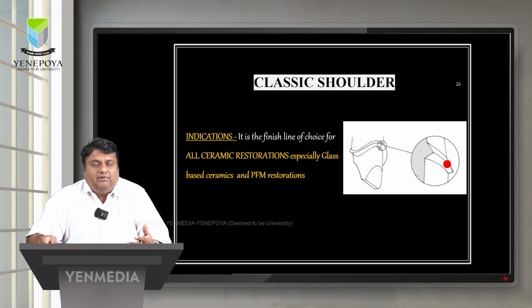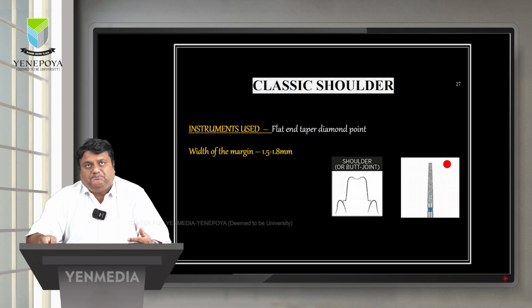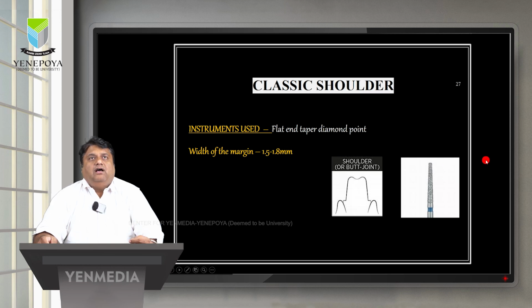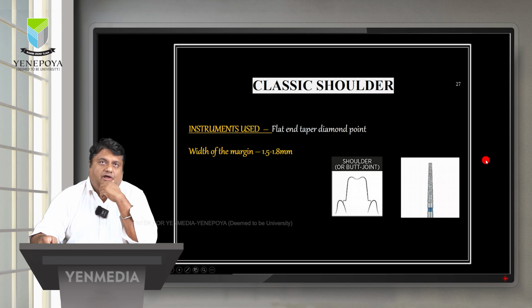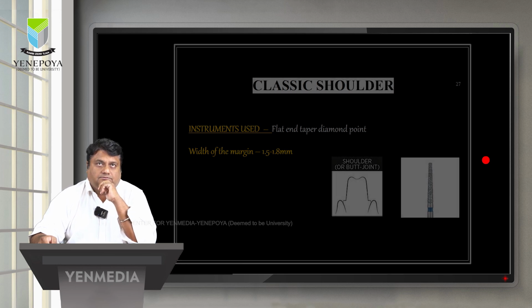Otherwise, it would be a little opaque and would not suit the aesthetic needs of the patient. What is the instrument used? We use a flat end taper diamond. The width of the margin is again 1.5 to 1.8 mm.